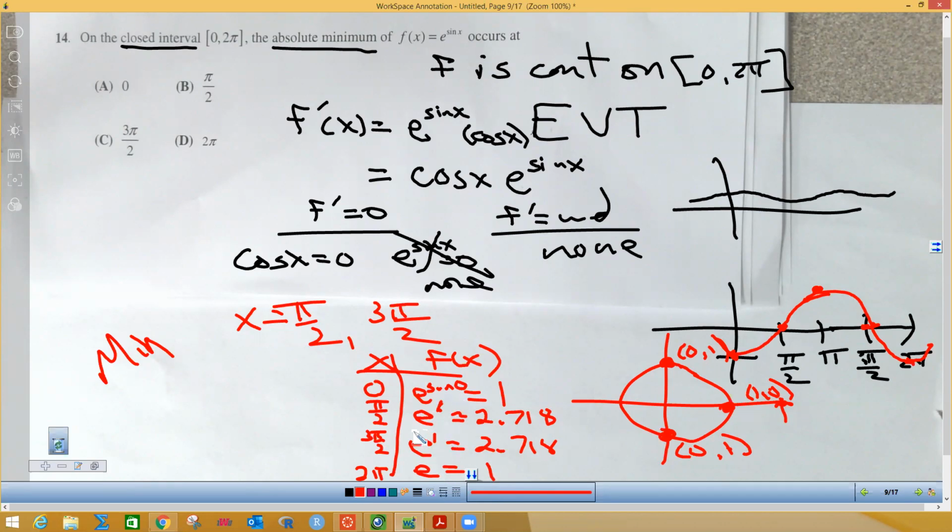So it looks like to me, this is a weirdo. Did I miss one? Read this again. I'll make sure I didn't make a mistake here because this gives me 2. We want the absolute min of e to the sine of x.